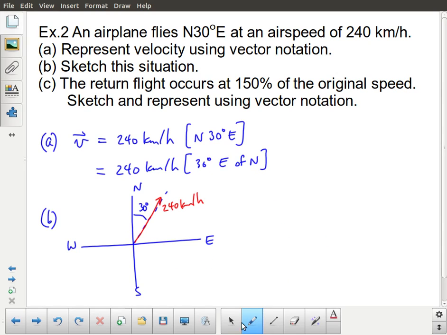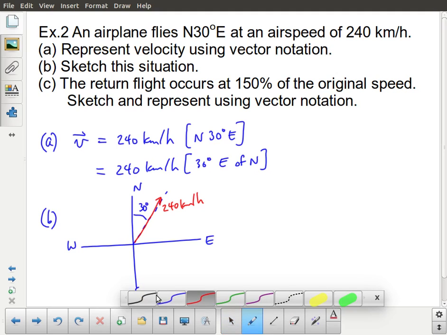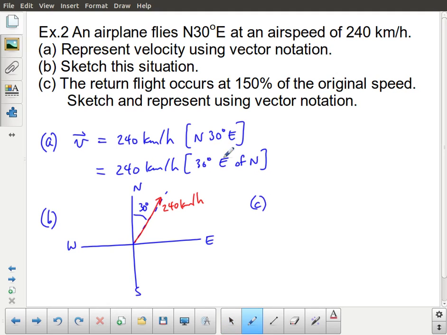And then part C says the return flight occurs at 150% of the original speed. So 150% of the original speed means it's a scale factor of 1.5, but it would be in the opposite direction. So that's going to be negative 1.5.